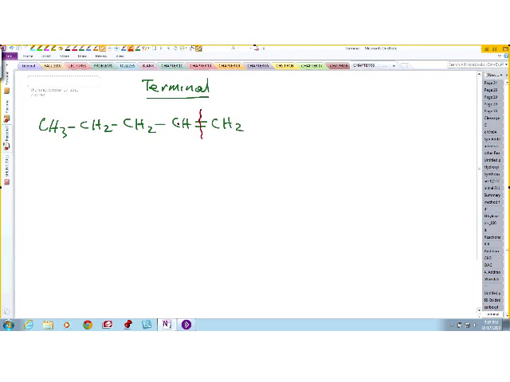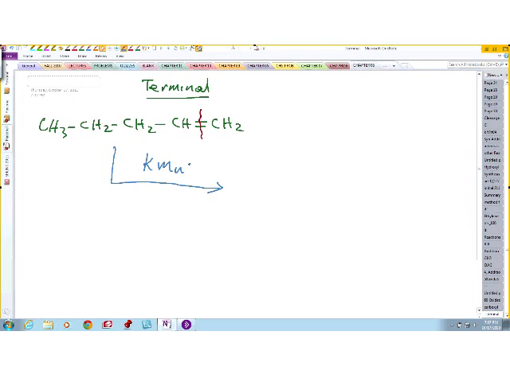You cleave this here, this carbon becomes the carbonyl carbon of a carboxyl group. The end carbon becomes carbon dioxide. I see you guys are laughing.